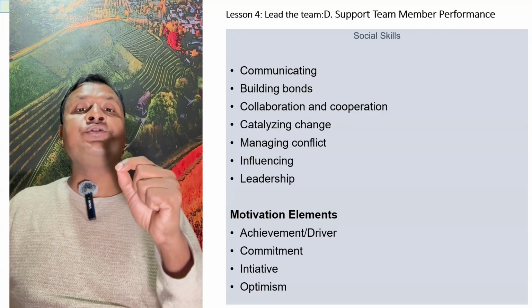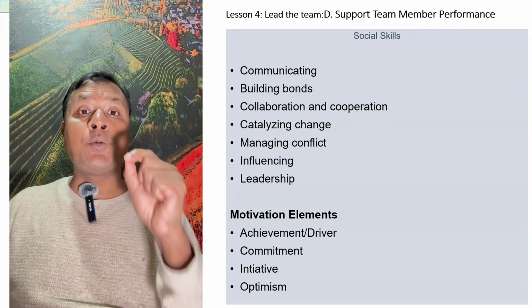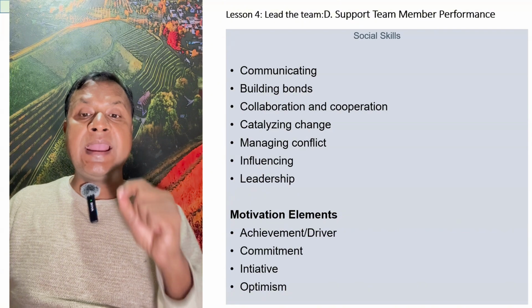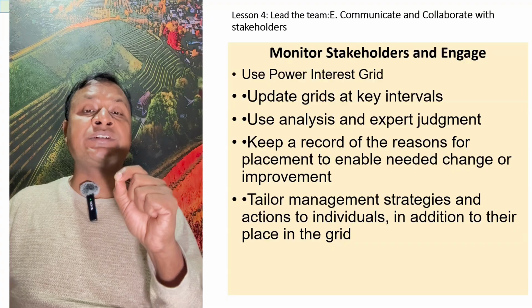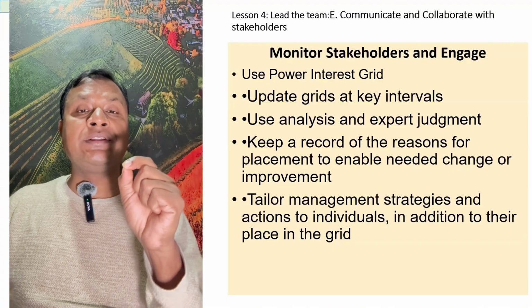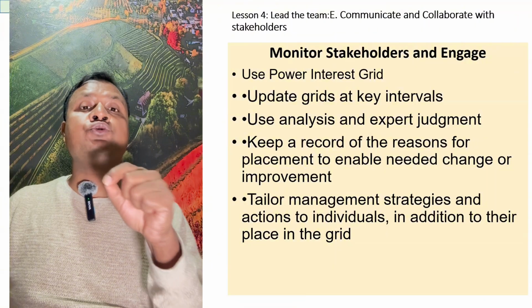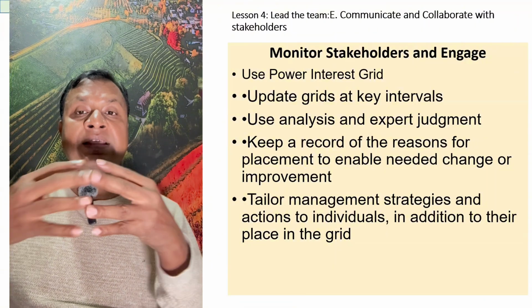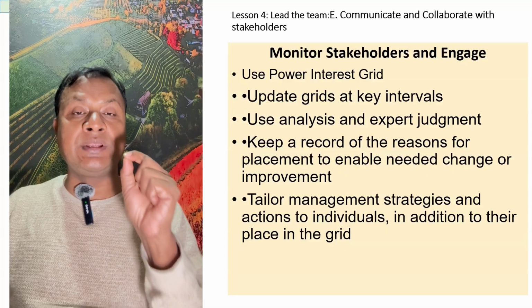And we should use the motivation elements: achievement or drive, commitment, initiative, and optimism. We should also monitor stakeholders and engage them, and collaborate with them. We should appreciate the collaboration. For that, we should monitor the stakeholders and engage them in the teamwork. So use the power interest grid.